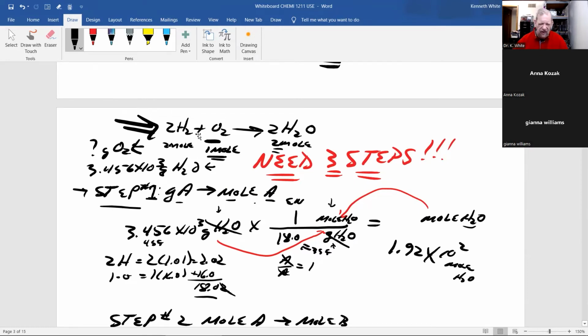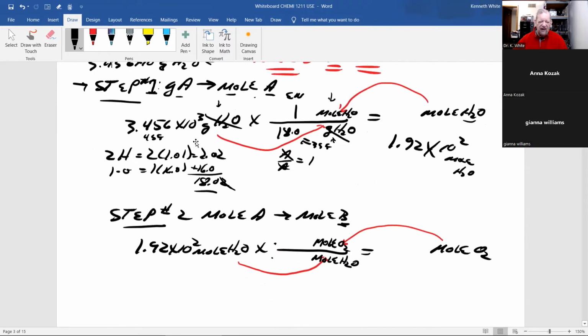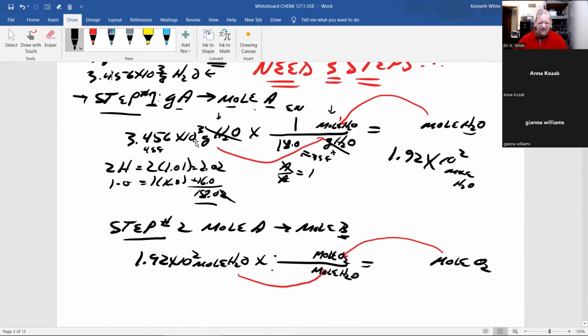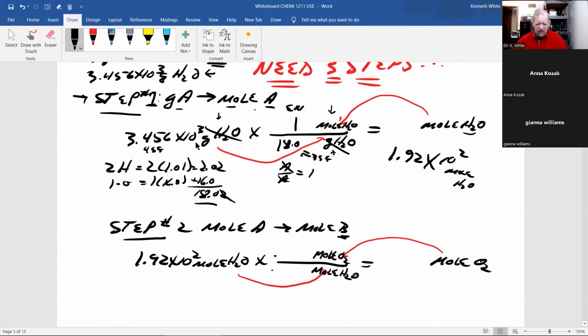Remember, when there's no number in front, the coefficient is 1. So from the balanced chemical equation, every 1 mole of oxygen makes 2 moles of water.